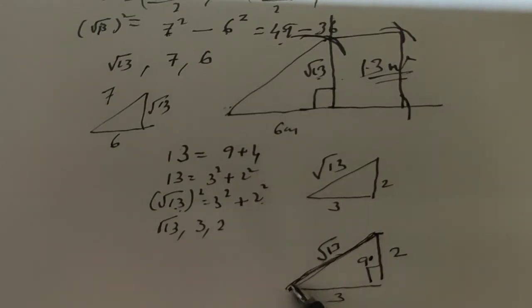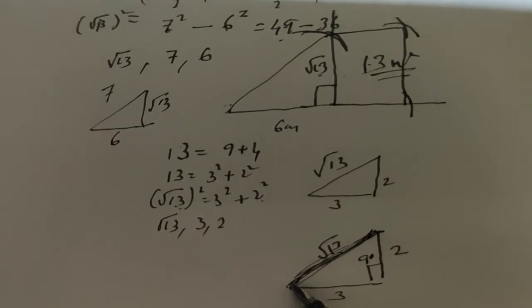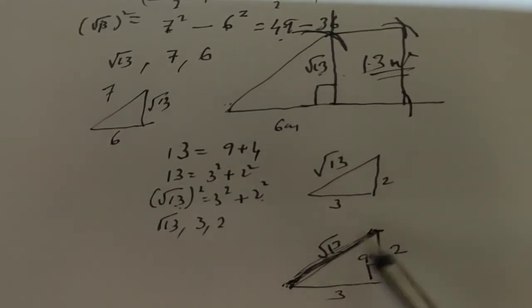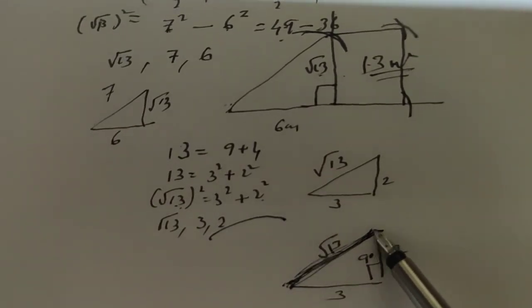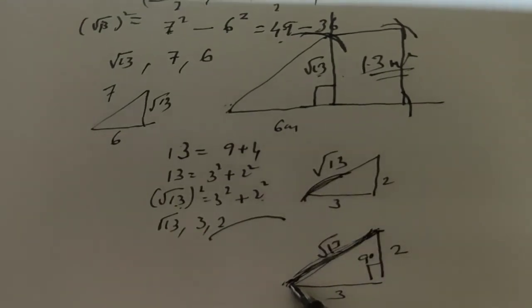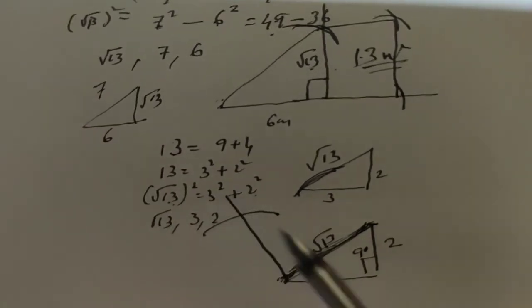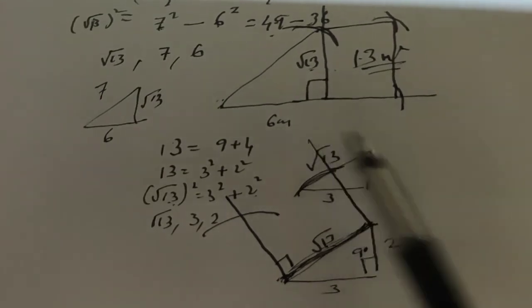And now we want to construct the square here. This is the side of the square. How do you construct this square? You take root 13 on your scale and take your compass pointing here. This length you want to cut an arc here, and this length you want to cut an arc here, and again you want to construct a 90 degree here and a 90 degree here.